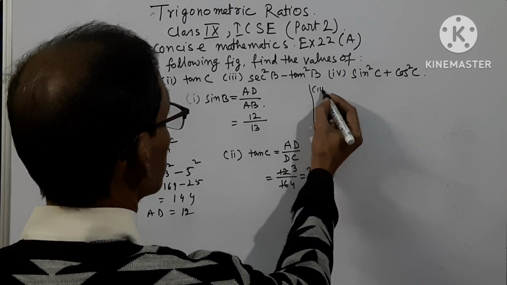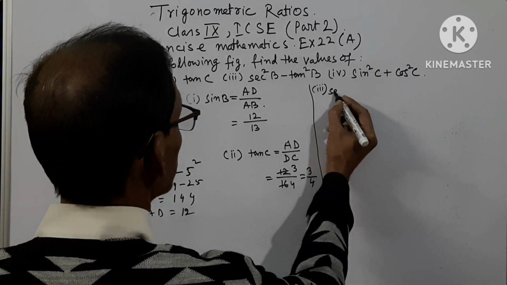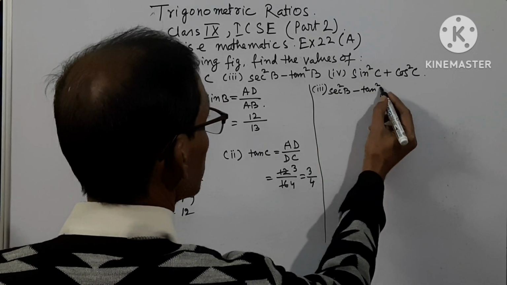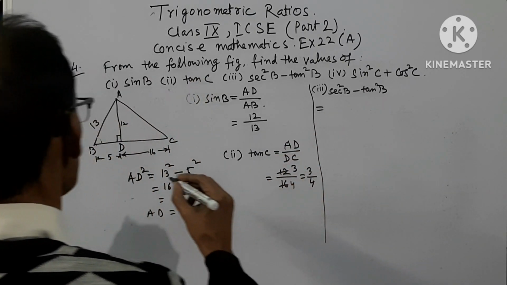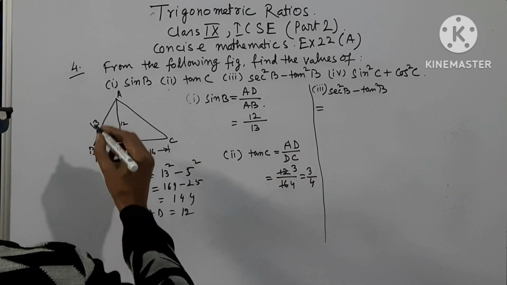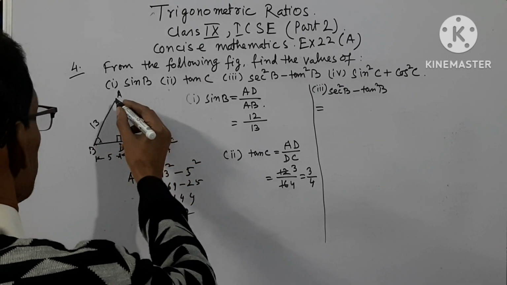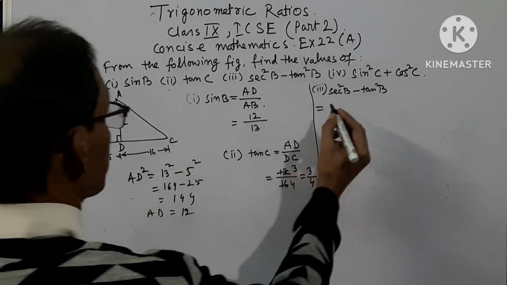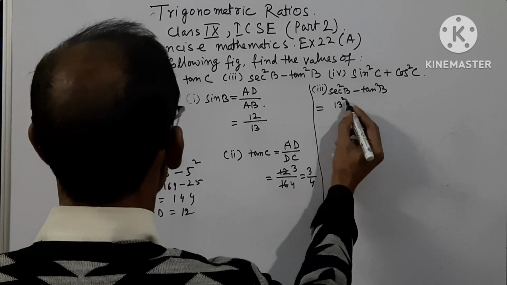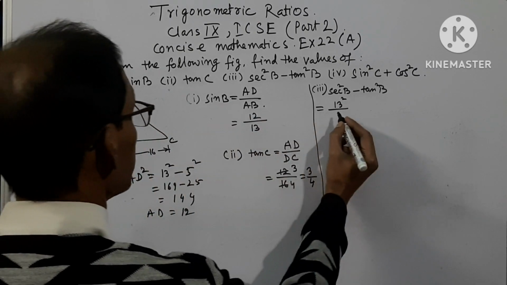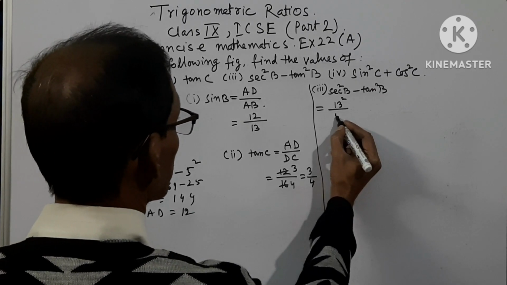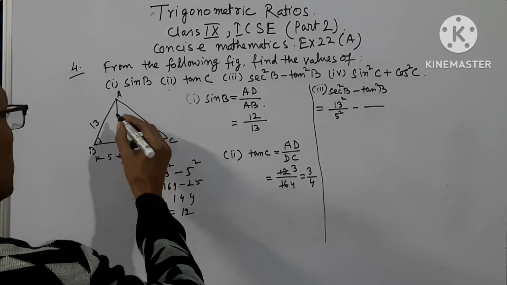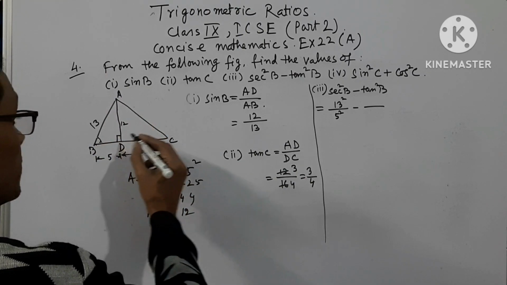Number 3, sec square B minus tan square B. This is this angle. Sec square B is, sec is hypotenuse by base. That means 13 square by base, that means BD square, 5 square, minus tan square B. Tan square B is perpendicular by base.